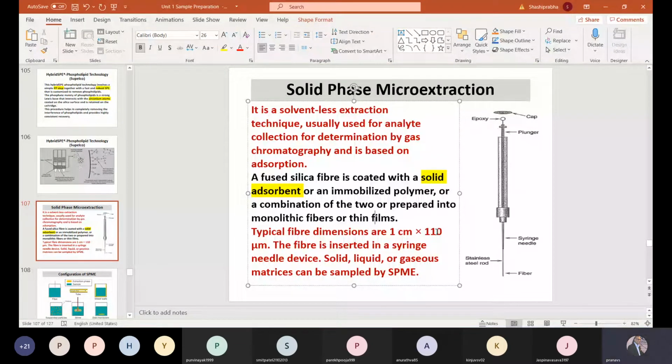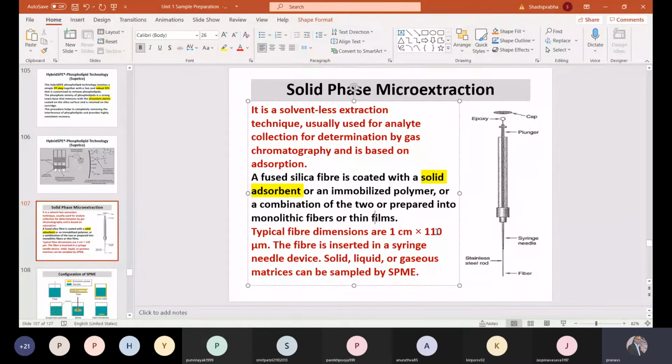In gas chromatography, when we want to put a gas sample with a syringe into the injection port, this whole system works as a syringe. You just take this syringe-like device and put it in the injection port of the gas chromatograph.